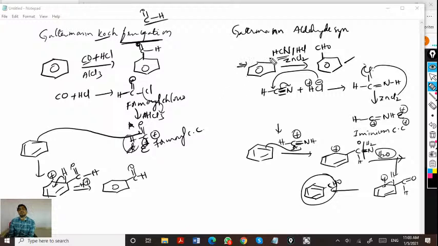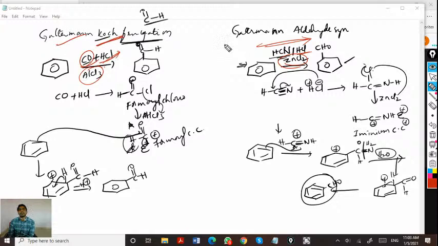If we use HCN along with the Lewis acid in acidic medium, then it is considered the Gattermann aldehyde synthesis. When the same benzaldehyde synthesis from benzene uses carbon monoxide in presence of AlCl3 in acidic medium, then it is the Gattermann-Koch formylation.